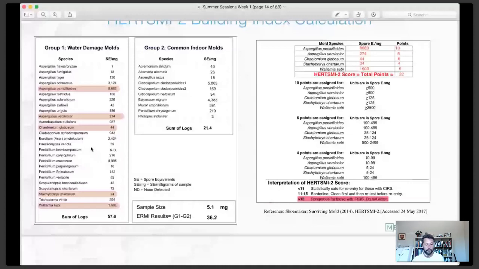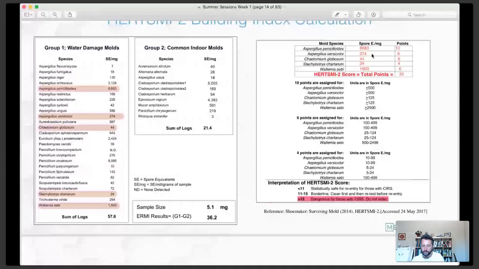As we see here, it's very simple. You can save your client $100 by doing this yourself, because the lab will do the HERTSMI-2 score for you, but this will take you 30 seconds to do on your own. The Aspergillus penicillioides number is 8683. On the HERTSMI-2 score, you plug it in there and you assign it 10 points.